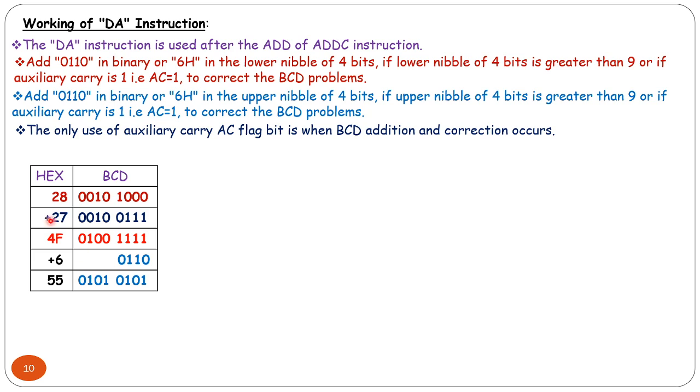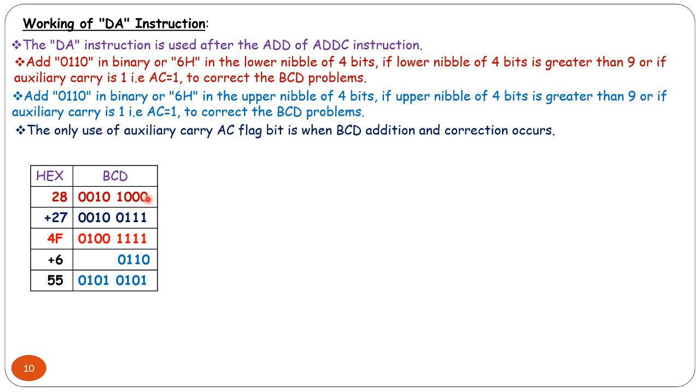Now here is a simple example. We have 28H, 0010 in binary for 2 and 1000 for 8. 27 is added to it, 0010 is 2 and 7 means 0111 in binary form.